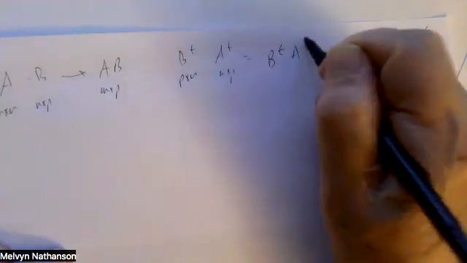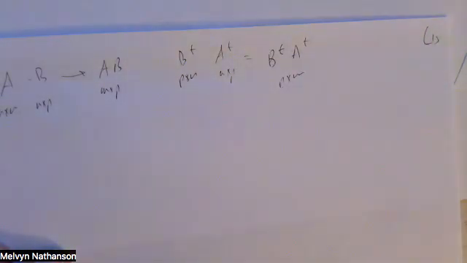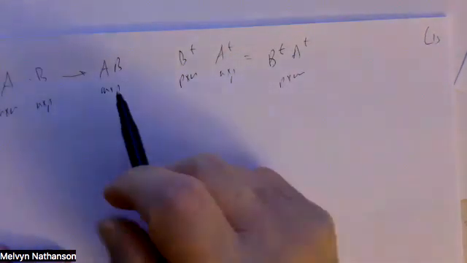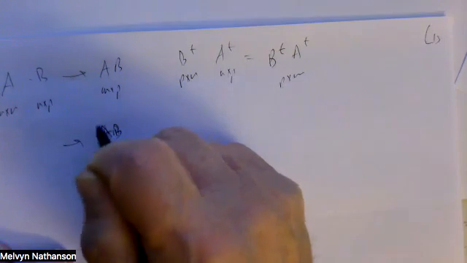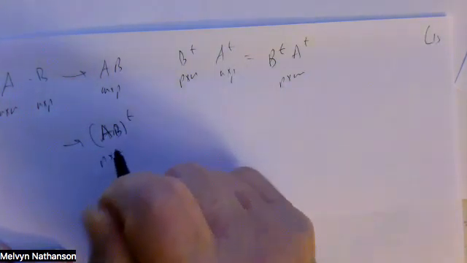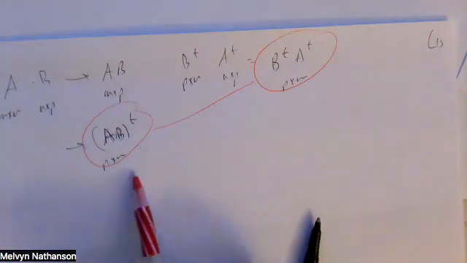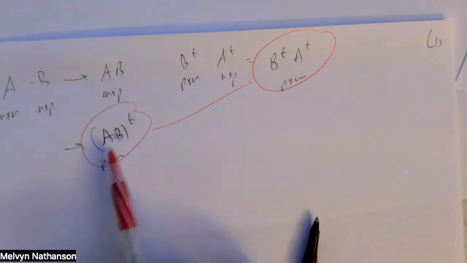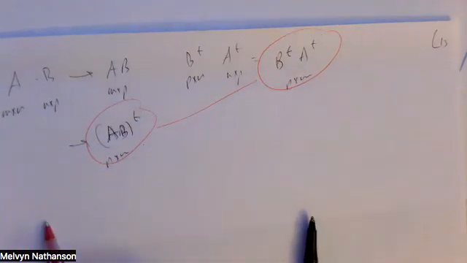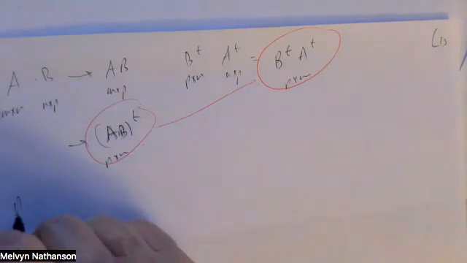So B transpose times A transpose is a p by m matrix. AB is m by p, so AB transpose is p by m. And so the fact about transposes of products says that the transpose of a product is sort of order reversing. The transpose of AB is B transpose times A transpose. So let's see how we can prove that.